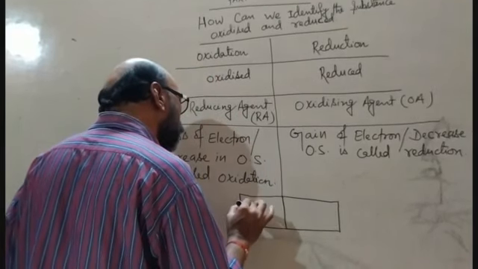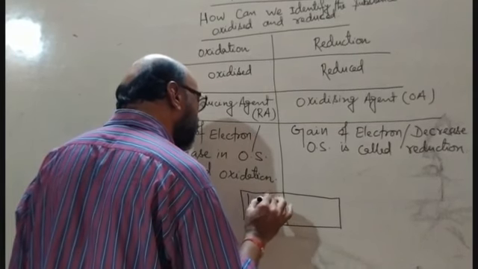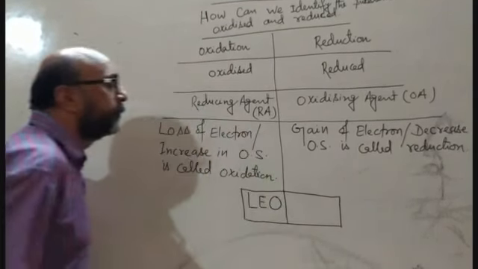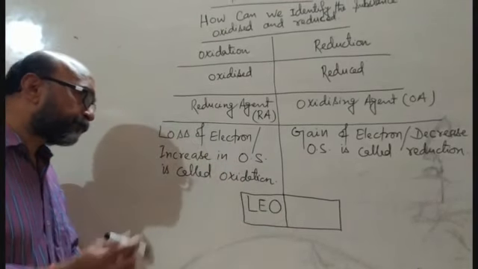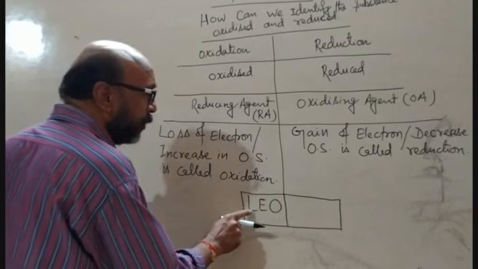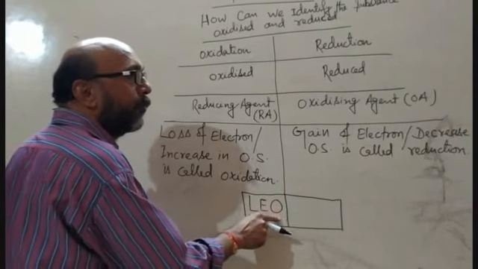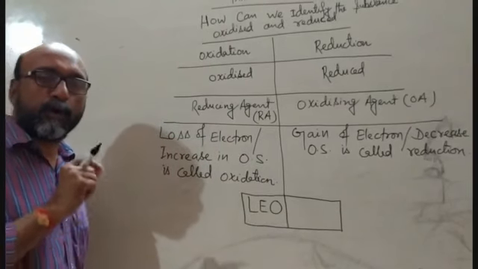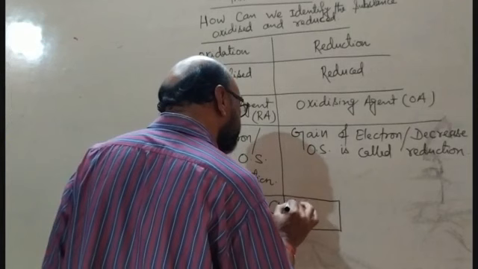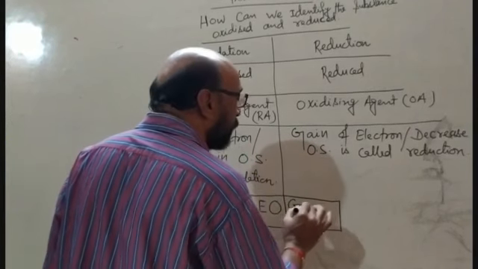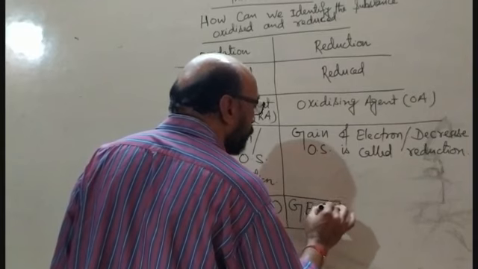Loss of electron we can write in short LEO, loss of electron is oxidation. Loss, L for loss, E for electron, O for oxidation. Loss of electron is oxidation, and G for gain, E for electron, and R for reduction.